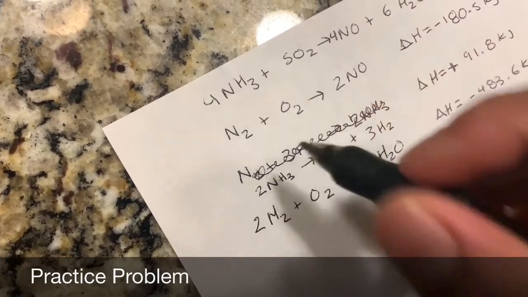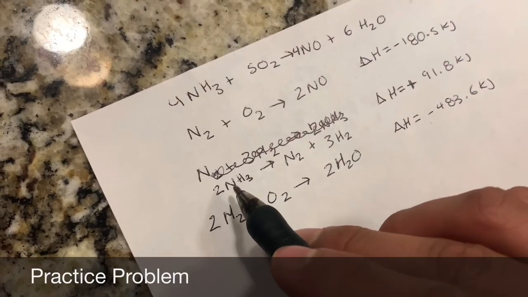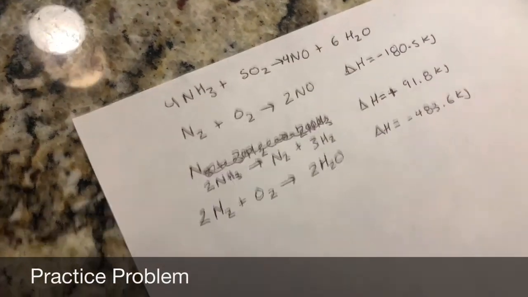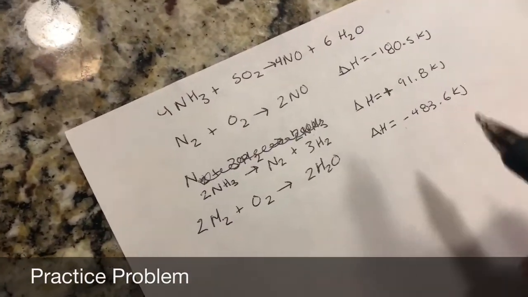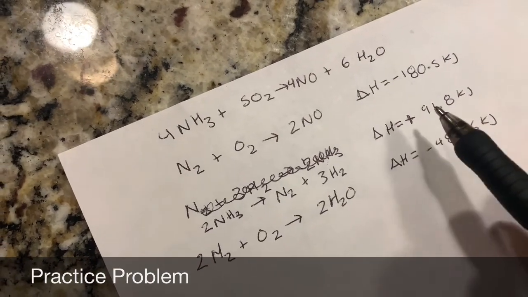All right, so that's our new equation since we flipped it, because we need this NH3 on the reactant side because our overall equation is asking us to. Because we flipped it, it also changed our delta H by making it into a positive number.